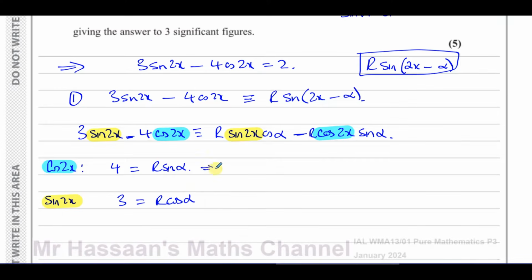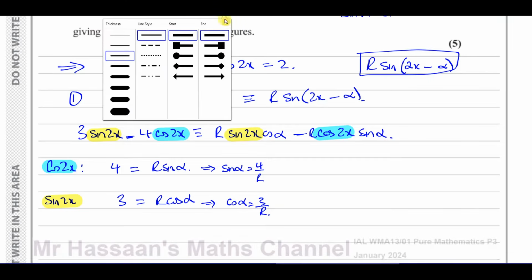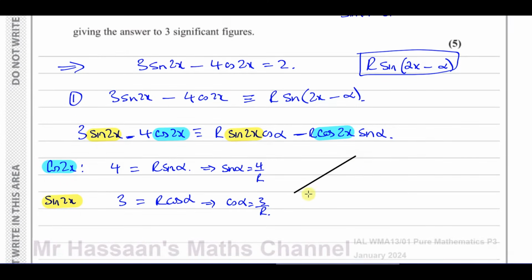One of the ways is to rewrite this as sine of alpha equals 4 over r, and cosine of alpha equals 3 over r. And we can make a sketch of a right angle triangle.